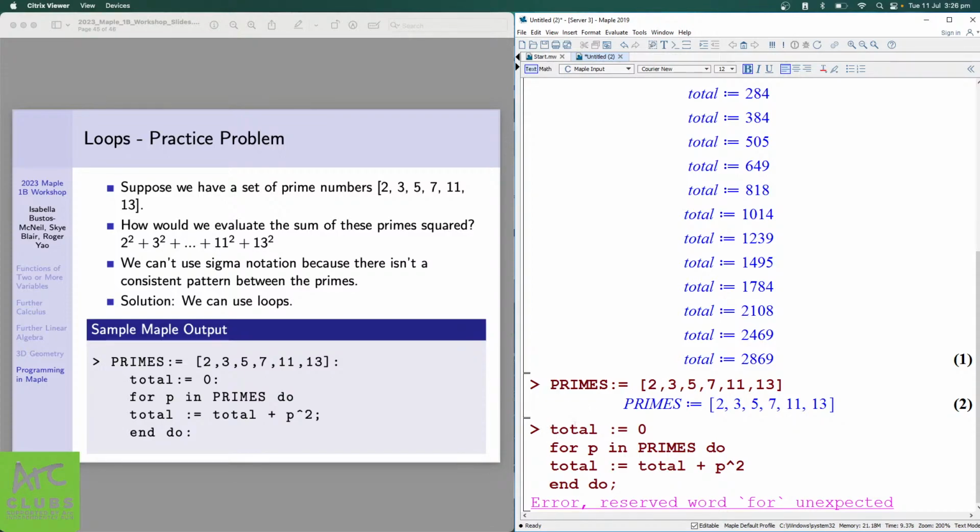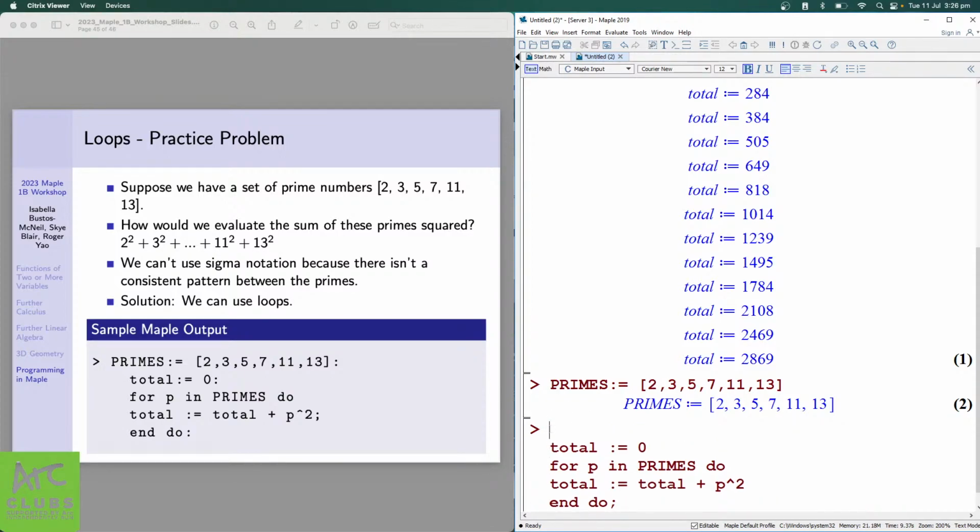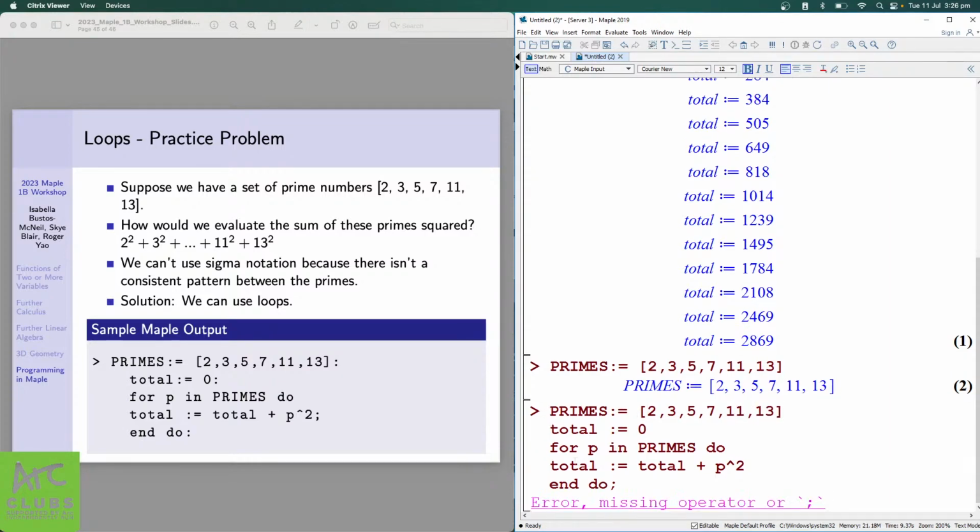Oh wait, we need to do these in the same line. So let's define primes down here. This is 2, 3, 5, 7, 11, 13. Maybe we need a semicolon here?